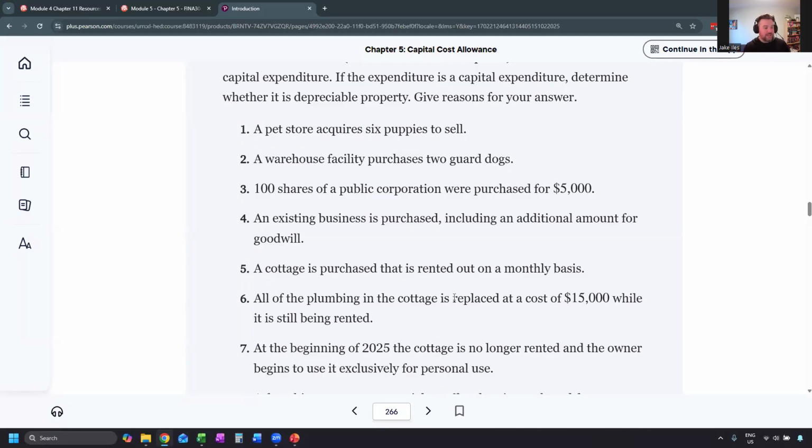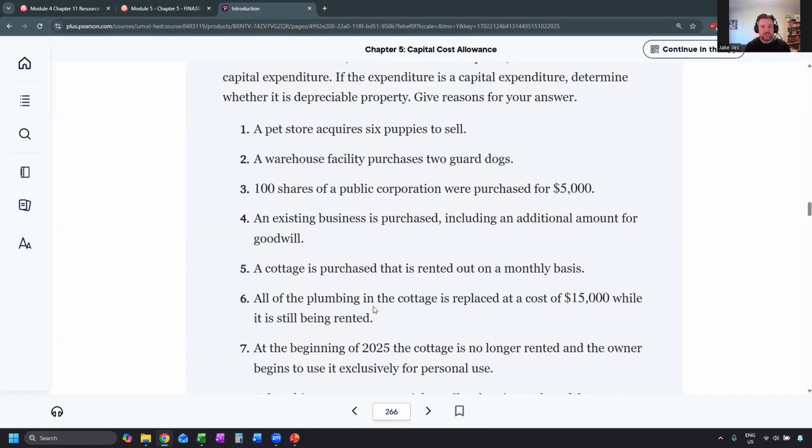All of the plumbing of the cottage is replaced at a cost of $15,000 while it is still being rented. Now, we didn't spend $15,000 to buy a new cottage. We're making a renovation of an existing cottage. The general idea is, if we have an expenditure that simply maintains a property, that is a current expenditure, a current expense.